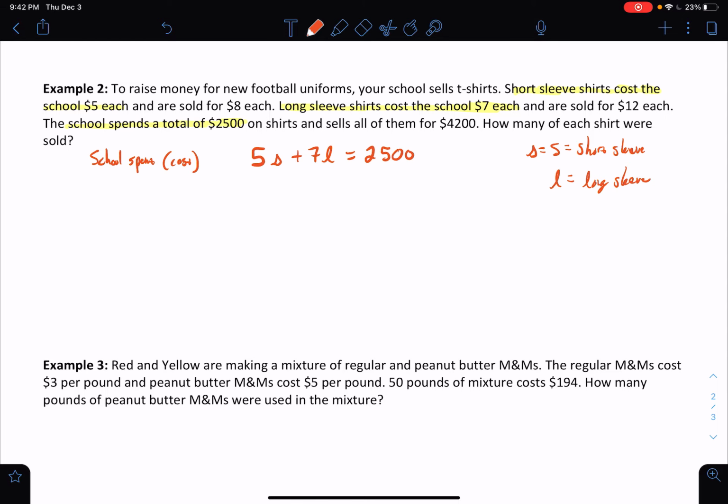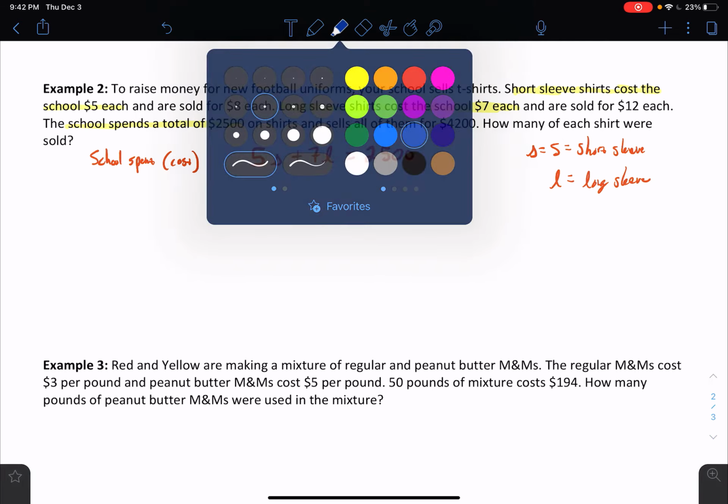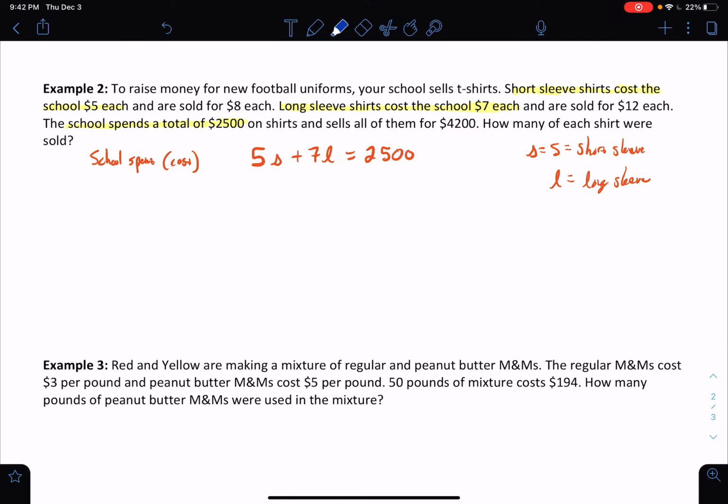Now we notice that they also sold them for a certain amount. They sold short sleeves for $8, long sleeves for $12, and they sold all of them for a total of $4,200.